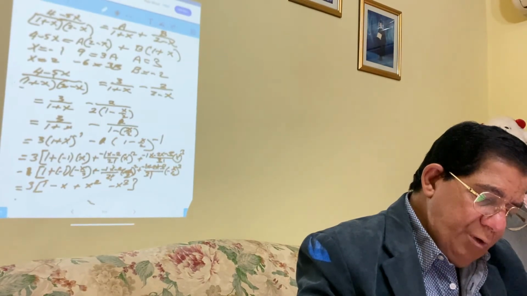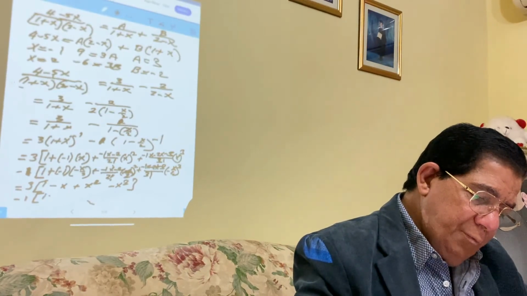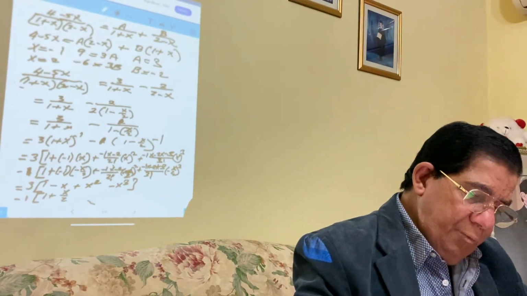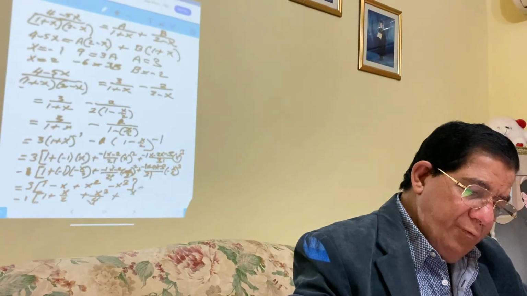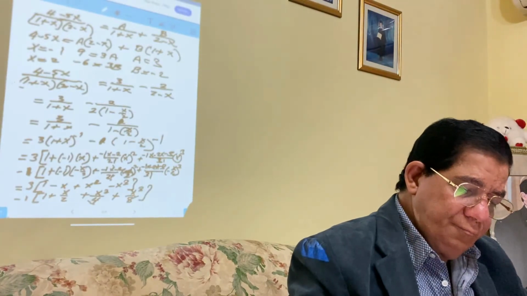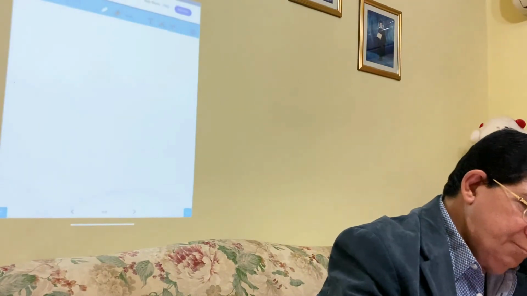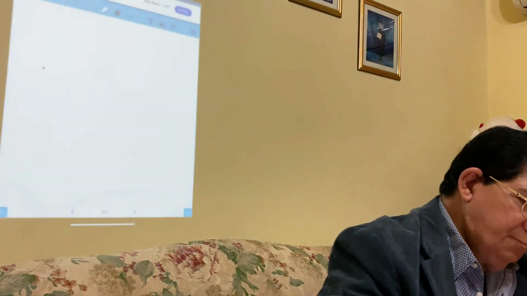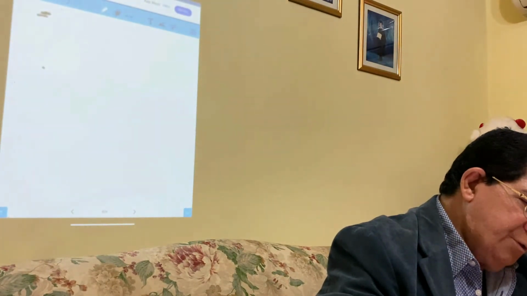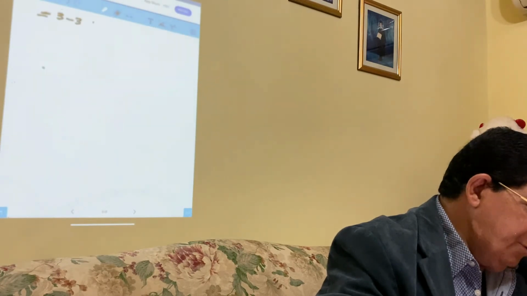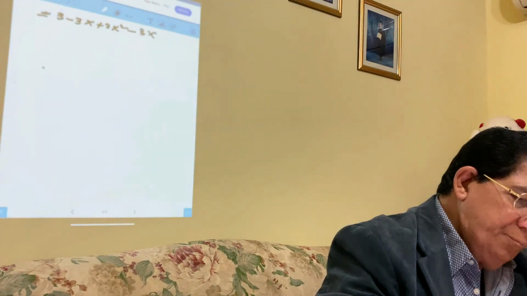And the other expansion, minus 1 into, which will be 1 plus x over 2 plus x squared over 4 plus x cubed over 8. This would be equal to, the first bracket we multiply, we get 3 minus 3x plus 3x squared minus 3x cubed.